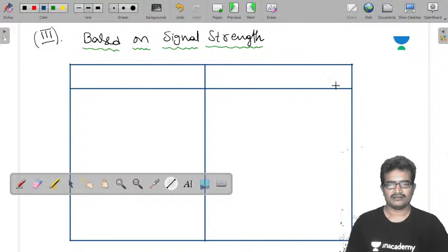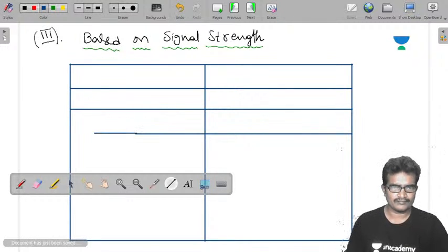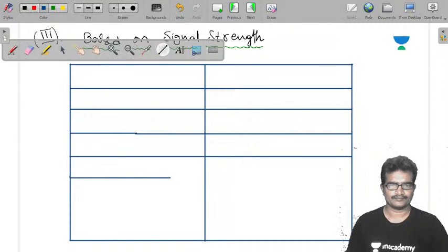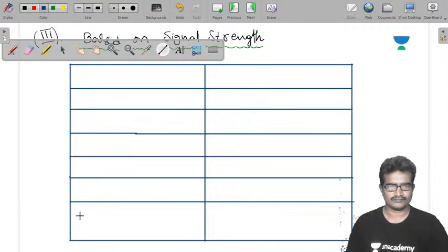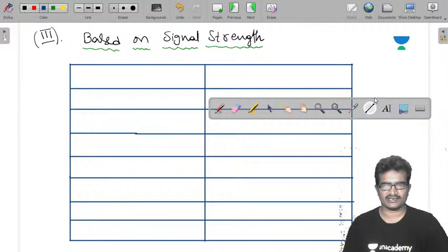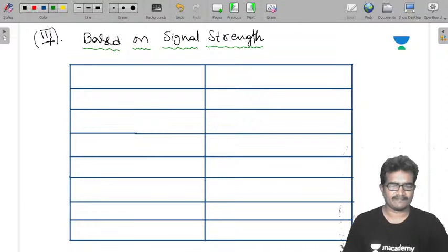The first one is small signal amplifiers.